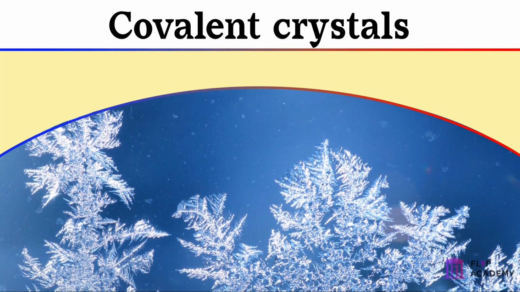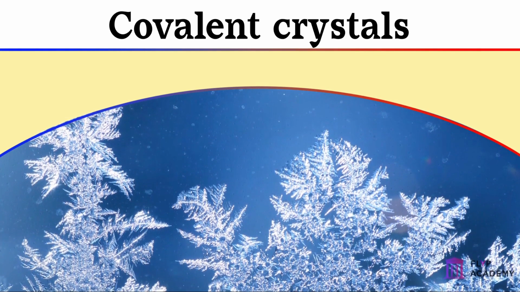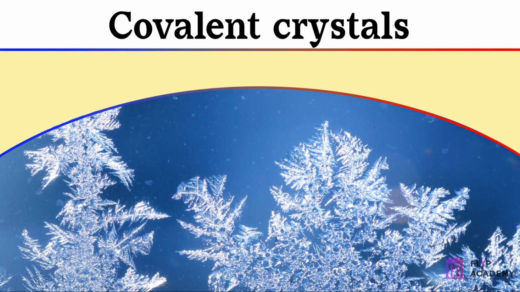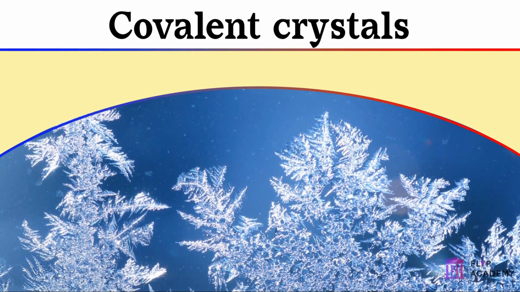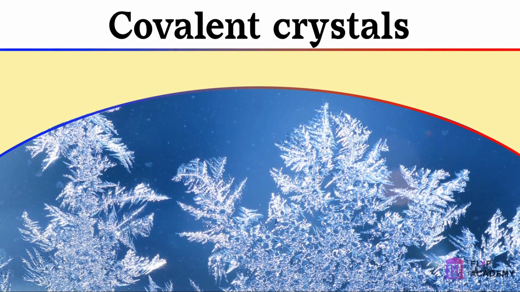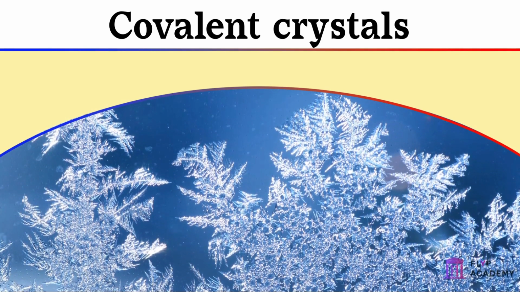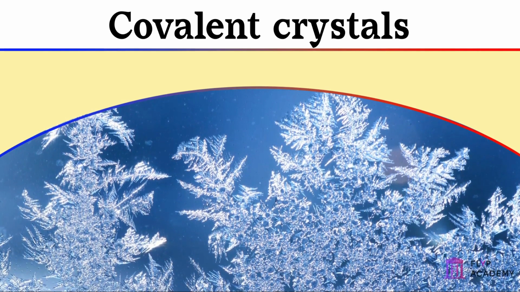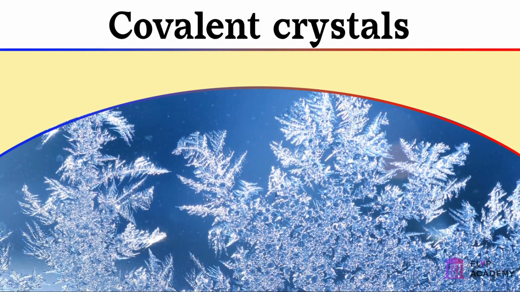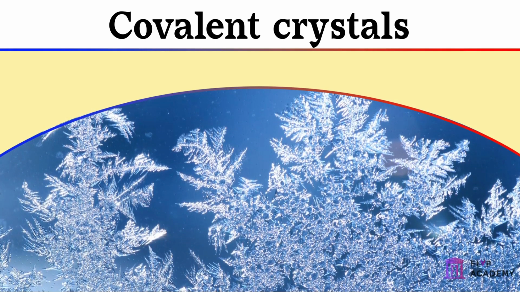Group 5, 6 and 7 elements plus hydrogen from group 1 can form covalent bonds, which would make covalent crystals. Covalent crystals have low melting points as molecules are held together only by weak intermolecular forces.